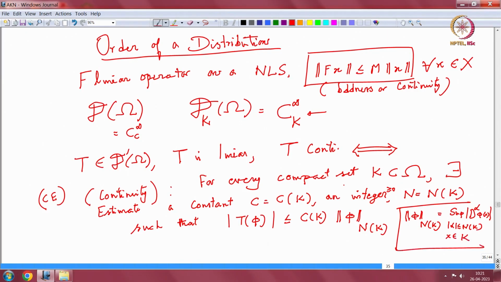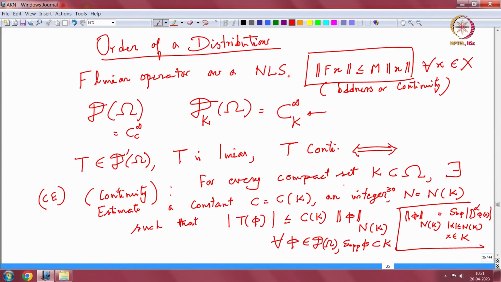Okay. So, these are the things which give us seminorms on D_K, and that is the topology defined by that one. This is for all phi in D(omega) with the support of phi in K. So, for a fixed compact set there is a finite integer n.